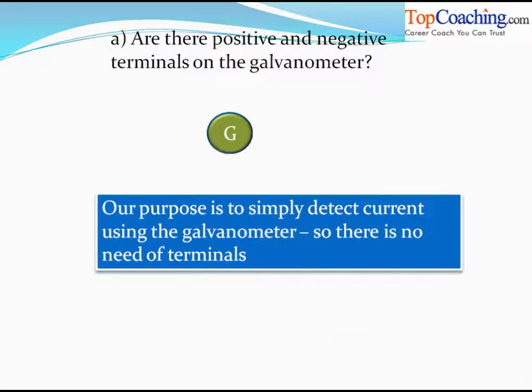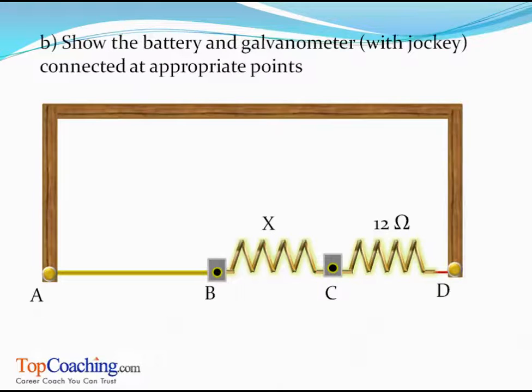So in the case of a galvanometer, there are no positive and negative terminals. That is because we don't need the direction of the current. All we need is to detect whether the current is there or not. An ammeter and voltmeter, however, have positive and negative terminals because they determine the direction of the current and the direction of the voltage.